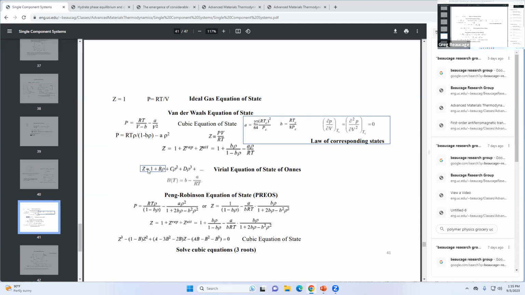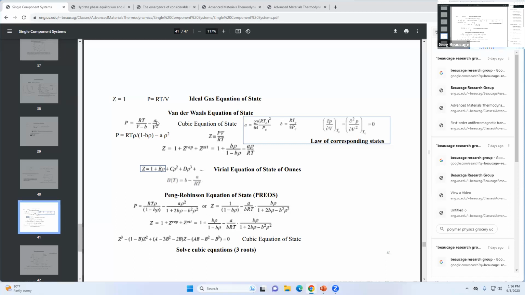So if you equate this Z with the Z from this guy, you can get this expression, which tells you what B is in terms of these things that van der Waals had, which are pretty concrete, whereas B is a little bit more nebulous. B is just a power series expansion. So B is the excluded volume, and then minus, so A has a value of an energy because PV is energy, right?